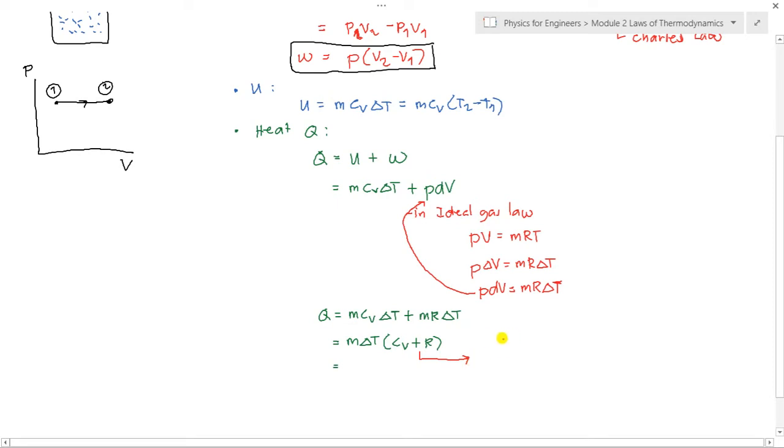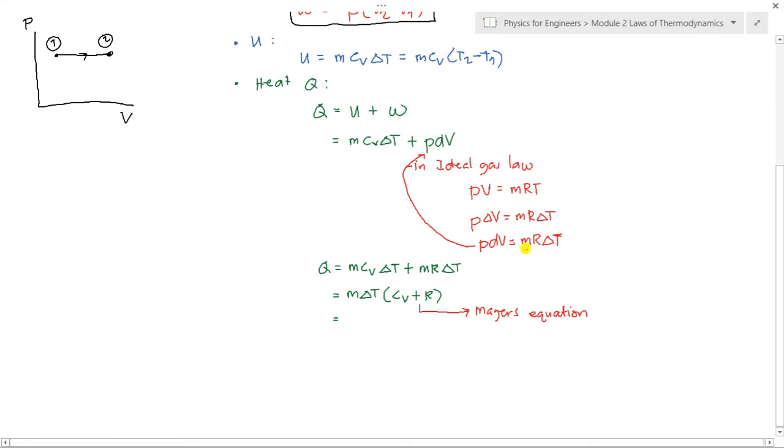Actually, this comes from Mayer's equation from lesson 1. Mayer's equation states the relationship between these three parameters, Cp, Cv, and R, the gas constant: Cp equals Cv plus R.